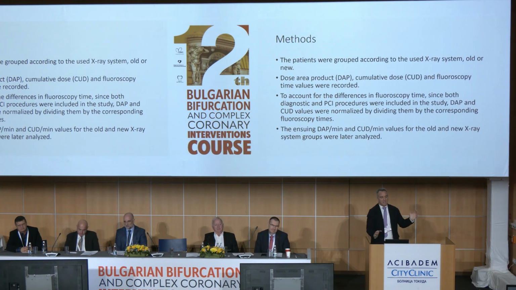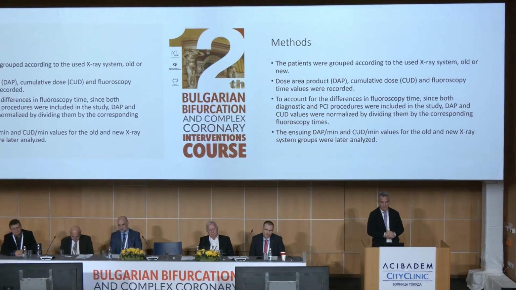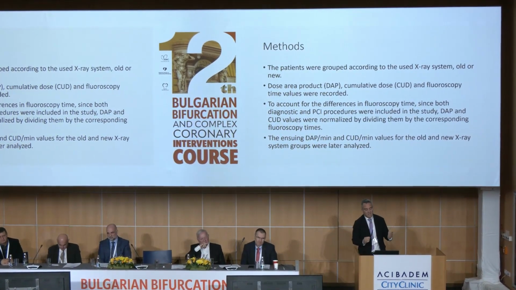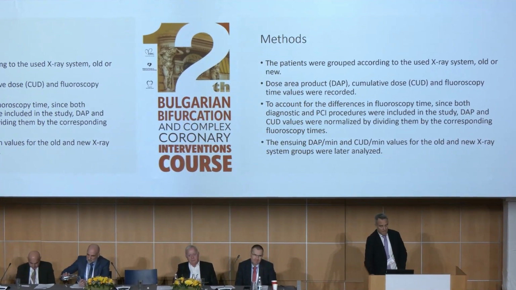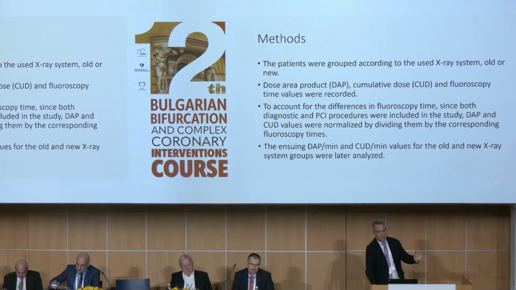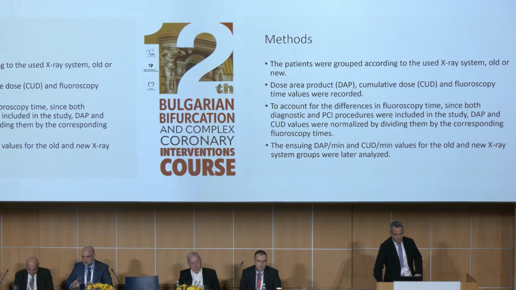So we just measured the DAP and the cumulative dose. To account for the differences in fluoroscopy time, both diagnostic and PCI procedures were included in the study. These were normalized by dividing them by the corresponding fluoroscopy times, to ensure DAP per minute and cumulative dose per minute in both cath labs.